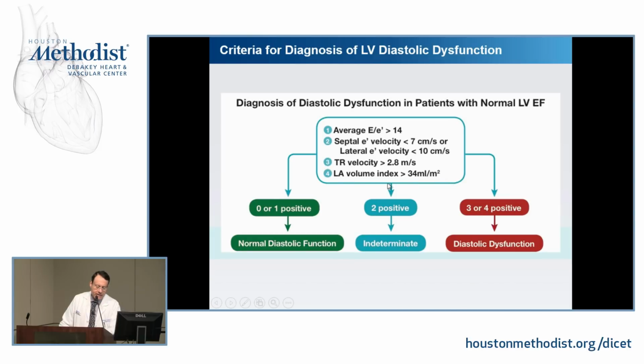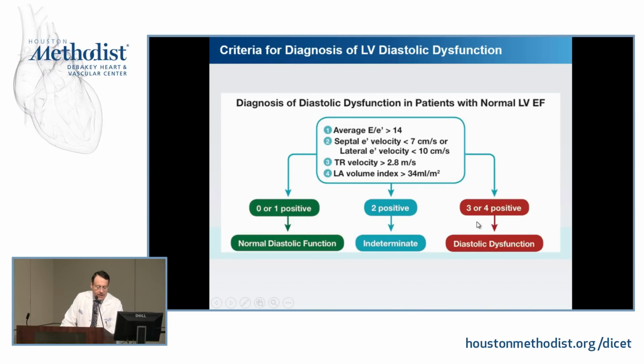As a result, LA maximum volume index by itself should not stand. So the bottom line is you want more than one signal, the more confident you are in your diagnosis. Some of these parameters reflect an elevated LAP or a consequence of a previously elevated LAP, as the LA maximum volume index, but we want it to be more specific.